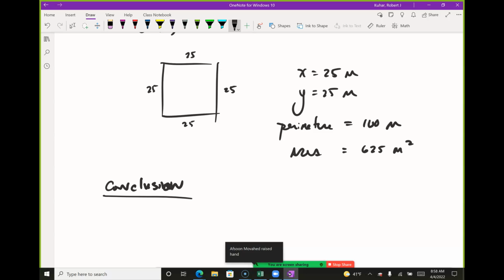Was there like a rule that all squares can be rectangles, but not all rectangles can be squares? All squares are rectangles. Okay. Yeah. So the only thing I need for a rectangle is the right angles and opposite sides are parallel.